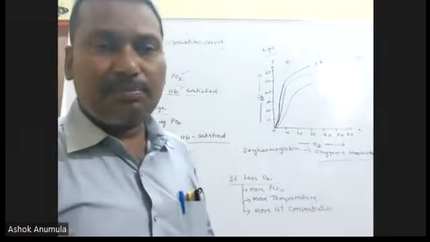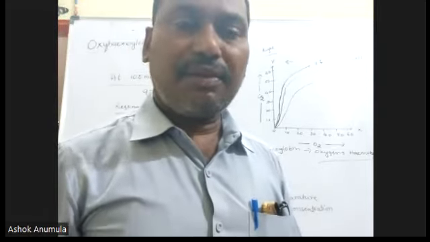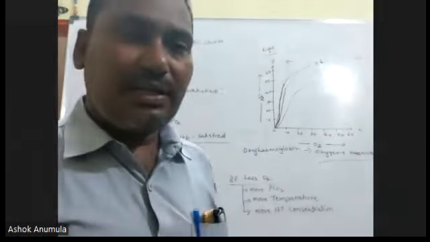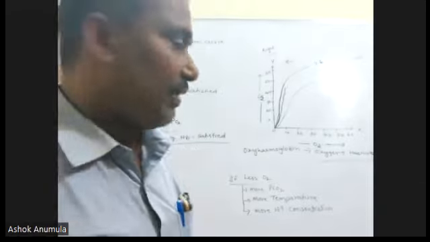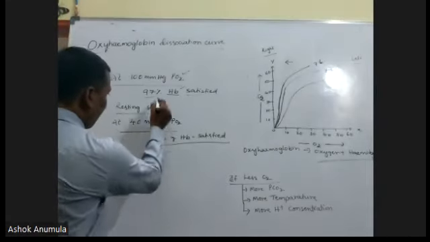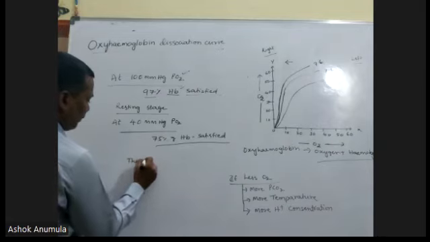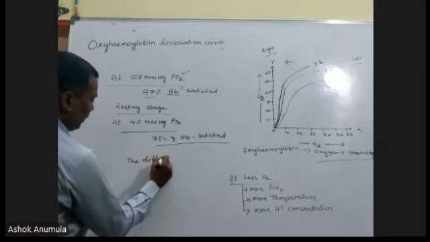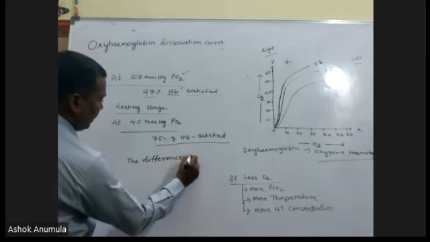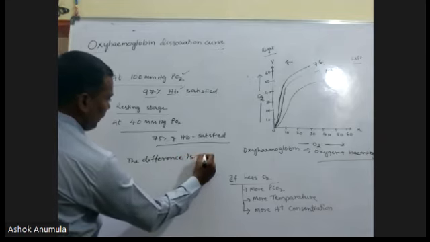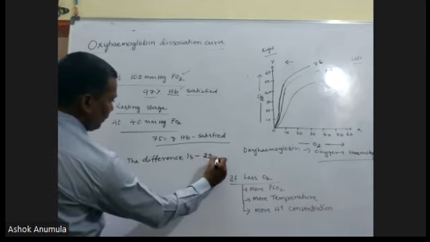When we are in resting position, 75% of hemoglobin is satisfied. What is the difference between 97% and 75%? The difference is only 22%.